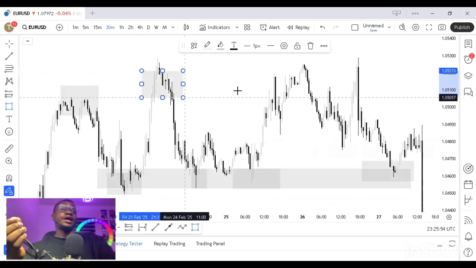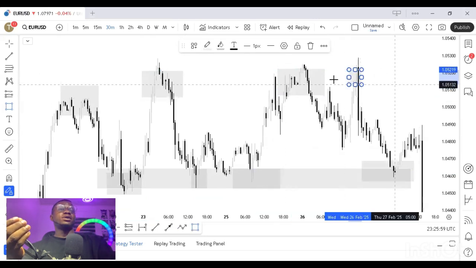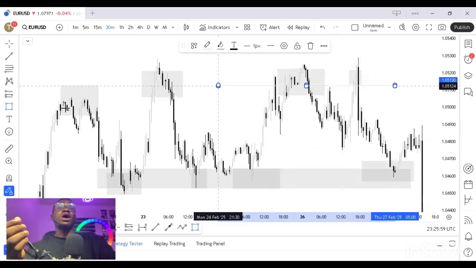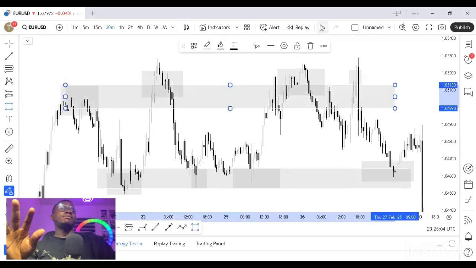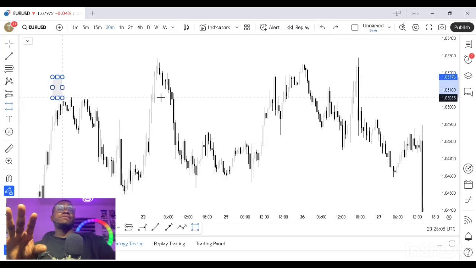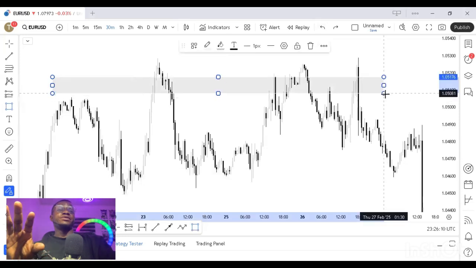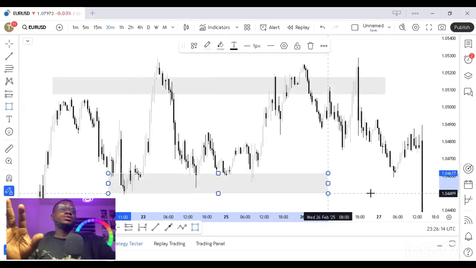Price creates another high here, at that same level, another high here, and another one here. So these are equal highs. That is making a range in the market. A range in the market, as I explained, is price creating a series of equal highs and equal lows.